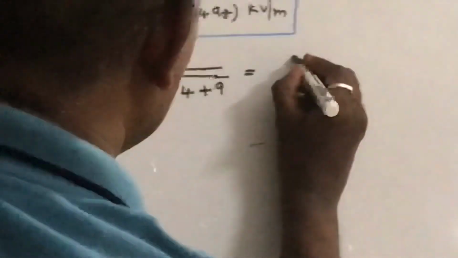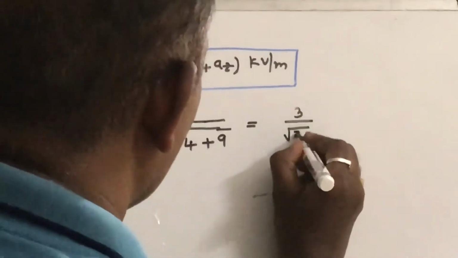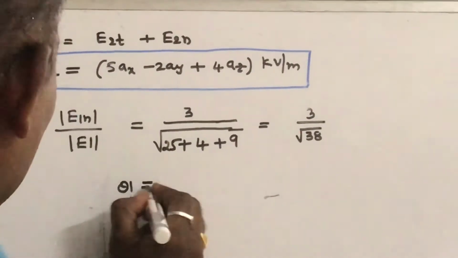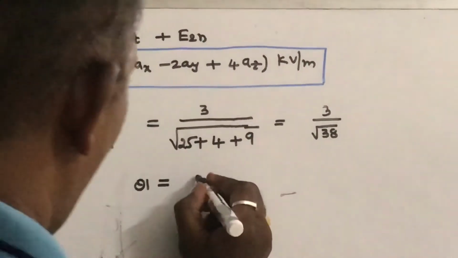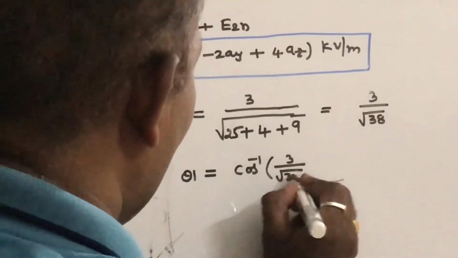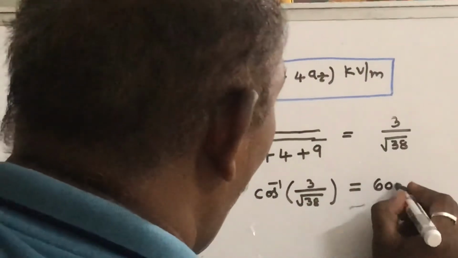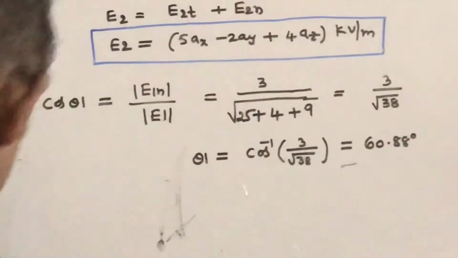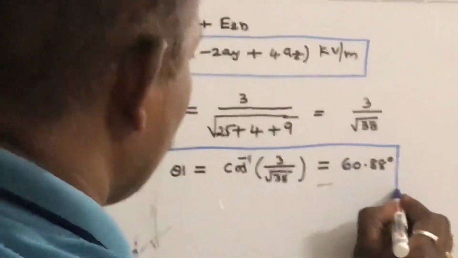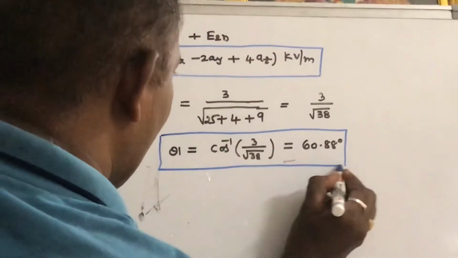So that is 3 by root 38. From this, the angle theta 1 becomes cos inverse of 3 by root 38, which comes out as 60.88 degrees. This is the answer for theta 1. Very simple, a straightforward formula from the diagram.